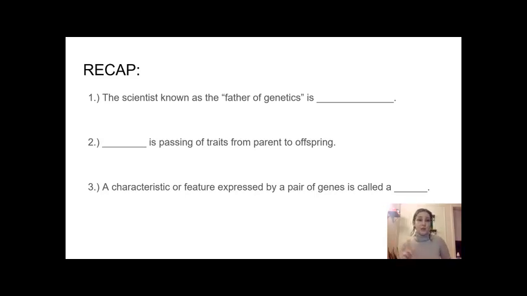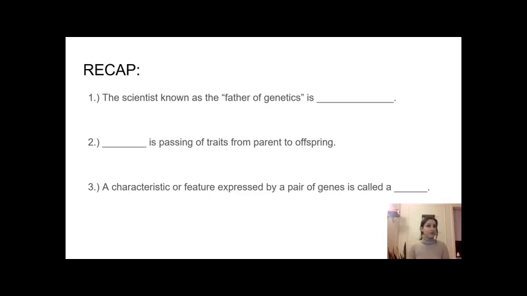All right, so number 1, the scientist known as the father of genetics and the founder of modern day genetics is, anybody? Albert Einstein? Not quite. Not exactly. Anybody else? Yes, Mendel, exactly. Mendel is known as the father of genetics. Number 2, blank is the passing of traits from parent to offspring.